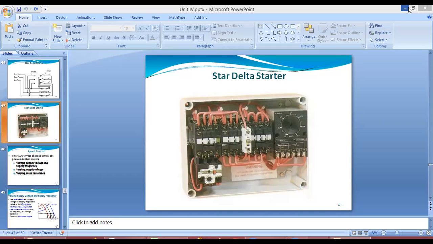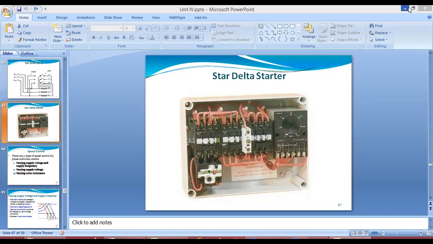It means we can use the auto transformer for star as well as delta connected squirrel cage induction motors. In this starter arrangement, the current drawn from the supply is less than the motor current by an amount equal to the transformation ratio.